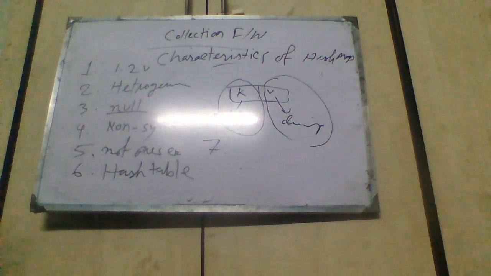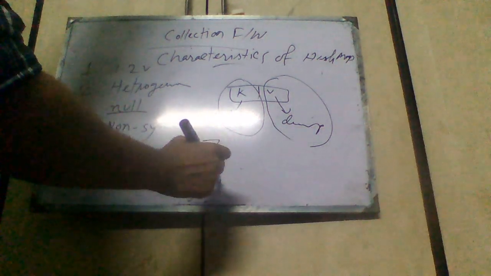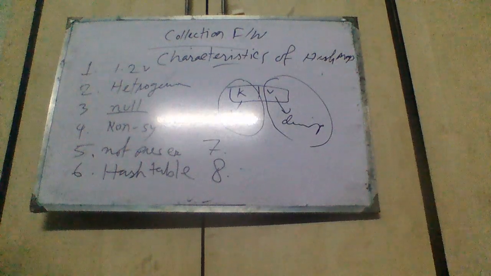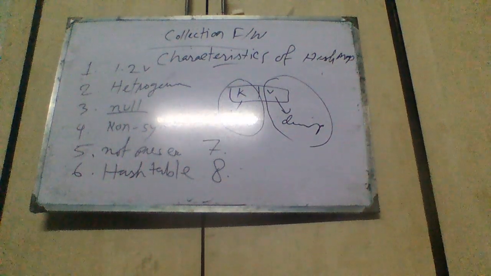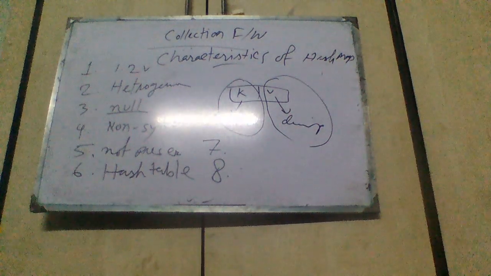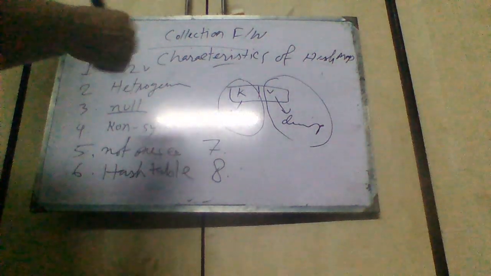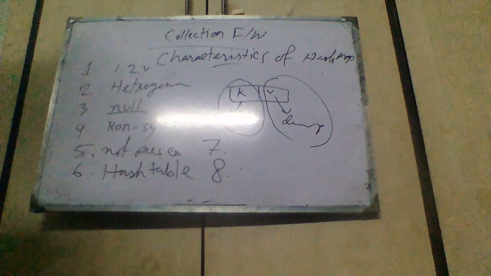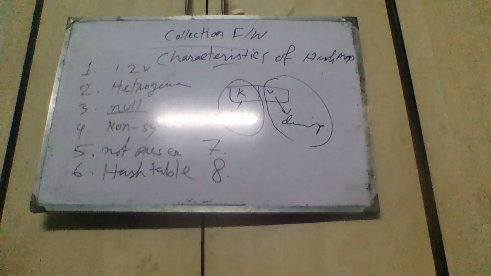And number eight: we can get the values by using a for-each loop. So this was the introduction and the concept of HashMap. We will see the implementation in practical.